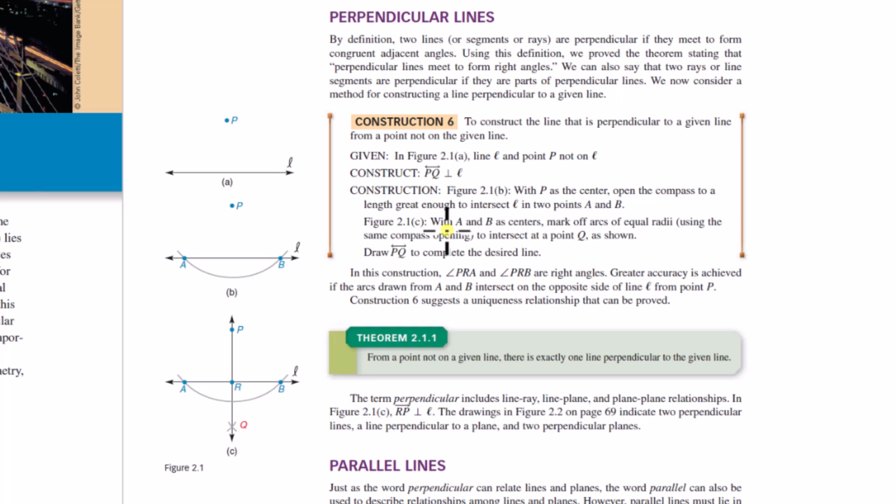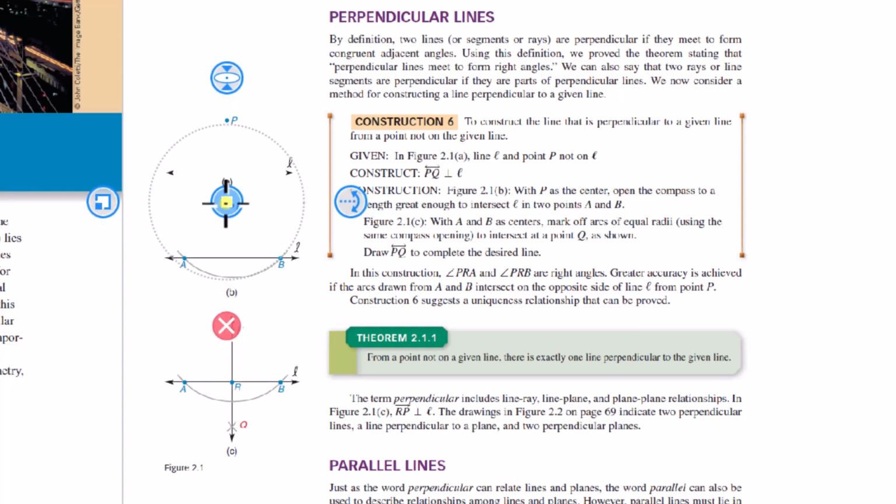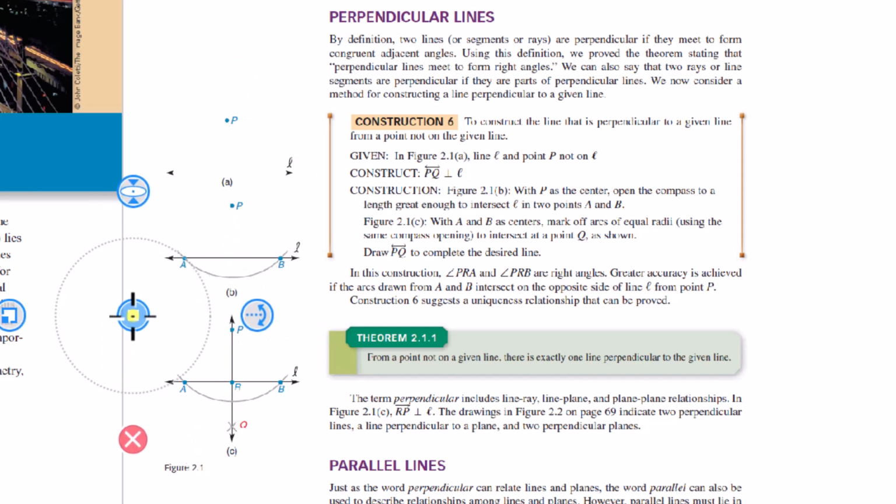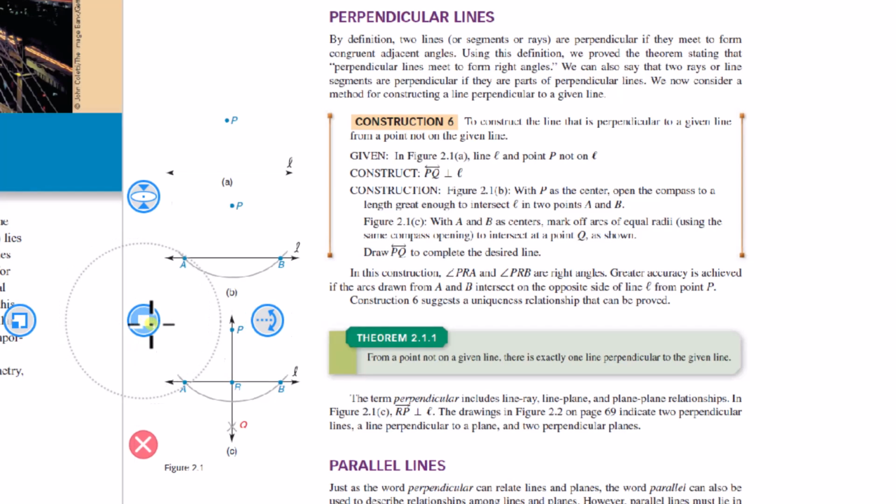And then from there, with A and B as centers, mark off arcs of equal radii to intersect at a point Q. So here we got the center at point P, and then let's say we drew that arc AB. You could choose any radius you want.